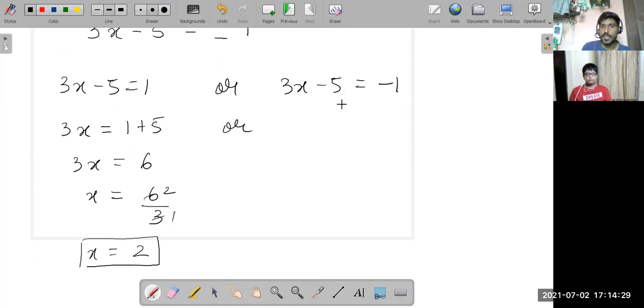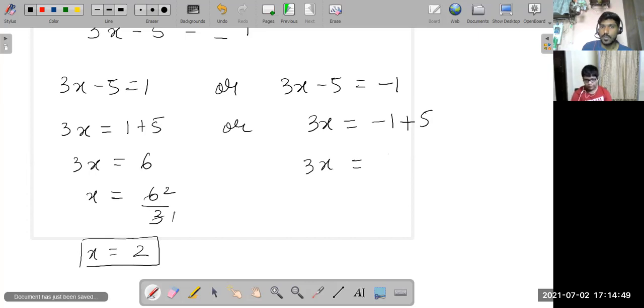Or now solve this. Take minus 5 to the other side. So when you take minus 5 to the other side, this will become minus 1 plus 5. Correct? So how much is minus 1 plus 5? It is 4. And x will be equal to 4 upon 3.